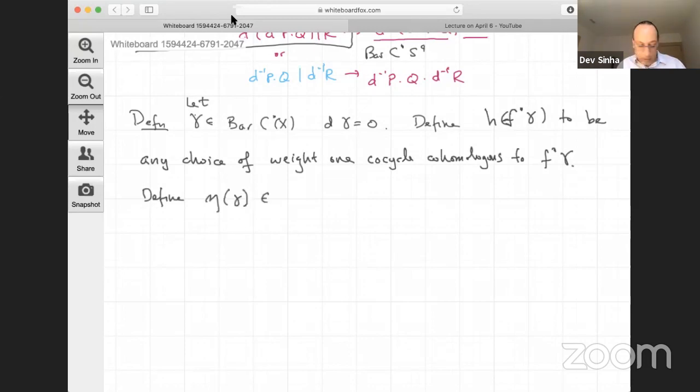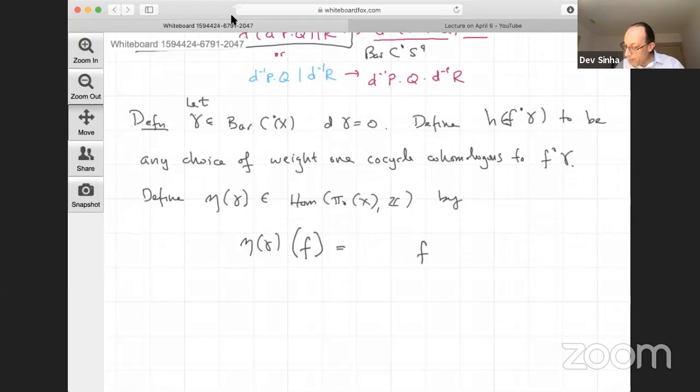And this is going to be a way to take a homotopy class of map to X. The way it will be defined is that its value on F is going to be: pull back gamma, take that tau, any choice, and evaluate it on the fundamental class.